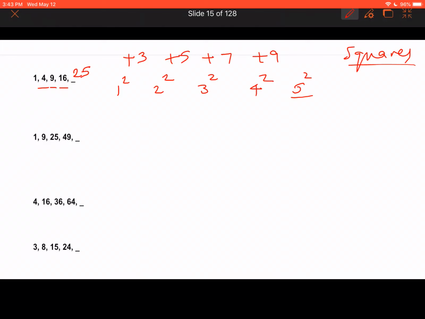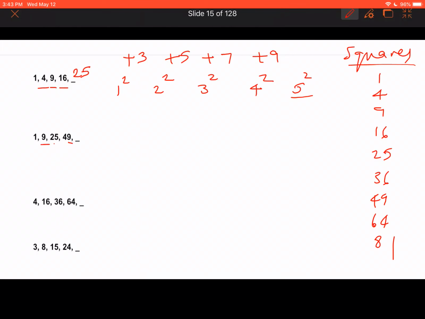Okay, so knowing the values of squares is very, very important in solving problems like this. Okay, so these are the values of squares. Just have them in mind so that we'll be able to do the problems very easily. So see, 1, 9, 25, 49, all these are squares, right?